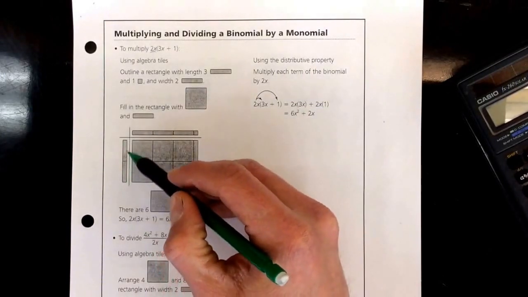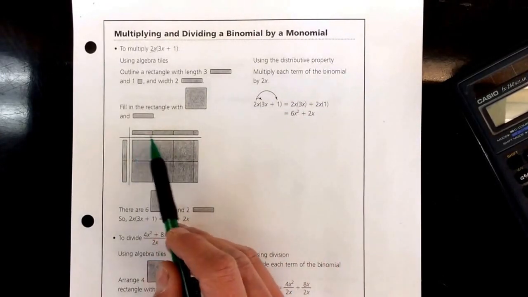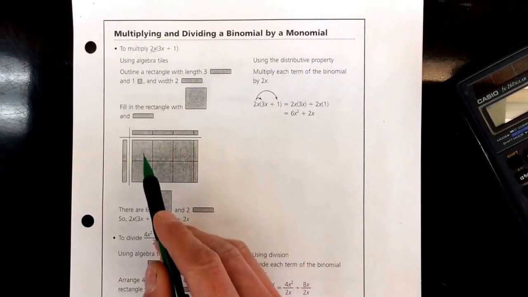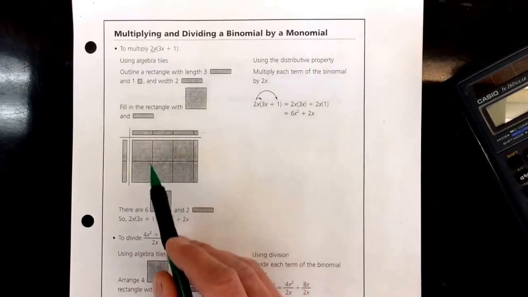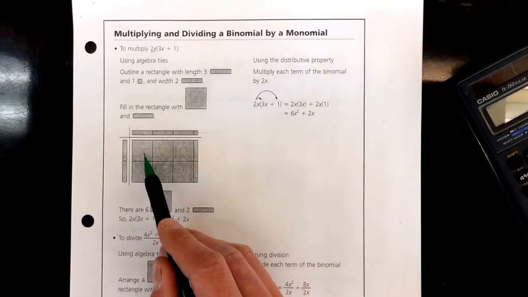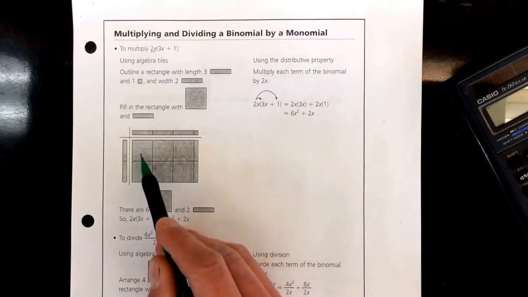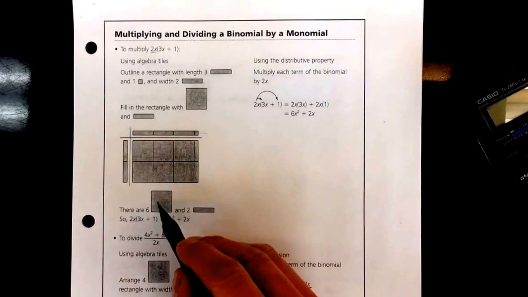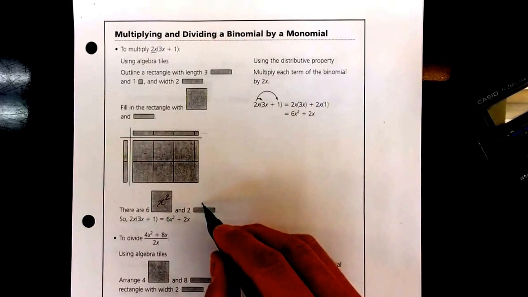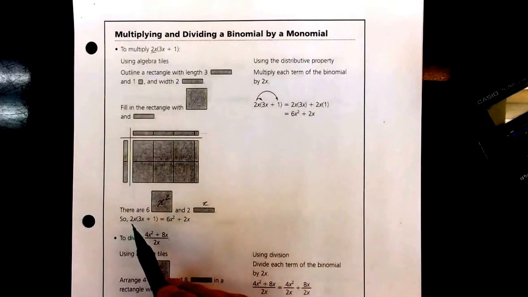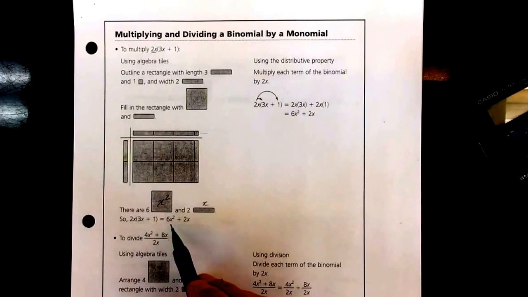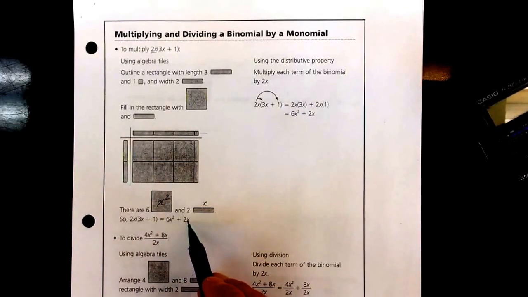So here we have 2 x's, 3 x's, and 1. And what we're left with is 6 x squareds and 2 x's. So 2x times 3x plus 1 is equal to 6x squared plus 2x.